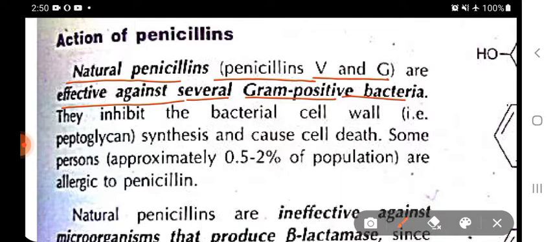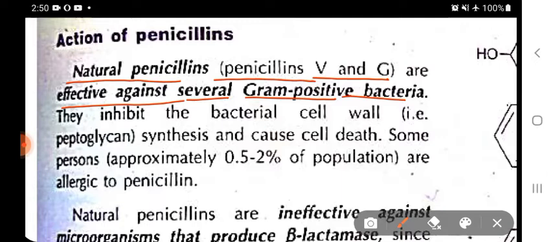Gram positive and gram negative bacteria have a little structural difference in their cell wall arrangement. And with the help of the gram staining technique discovered by Christian Gram, we name them gram positive and gram negative bacteria. So natural penicillins are effective against several gram positive bacteria.